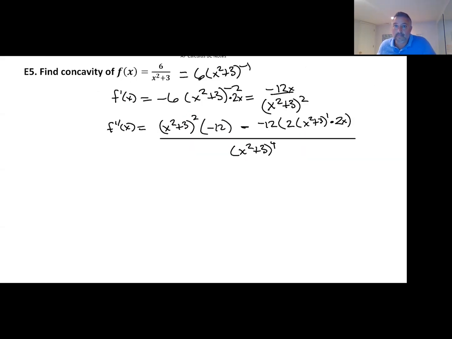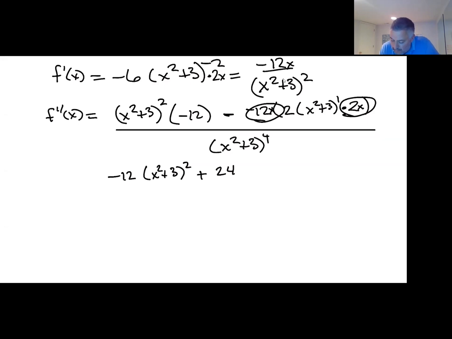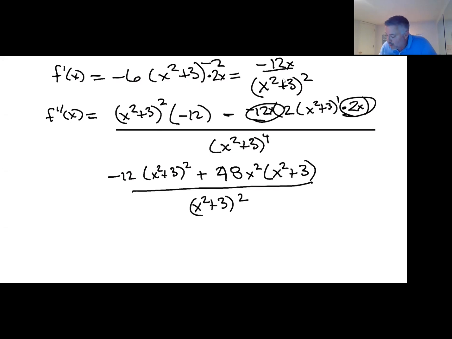For what you're subtracting in the numerator, I am going to get -12 times x squared plus 3 squared plus 24 times 2, 48 x squared times x squared plus 3, all over x squared plus 3 squared.